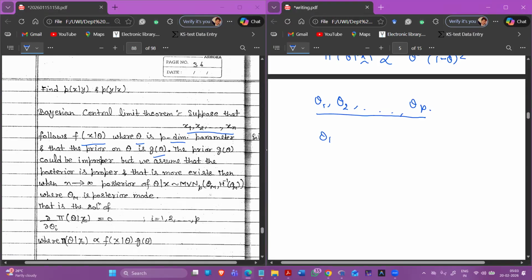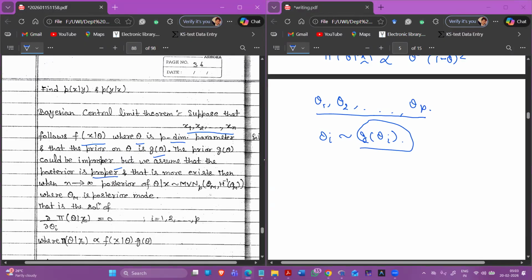Meaning theta follows the prior distribution g(theta). The prior g(theta) could be improper, but we assume that the posterior is proper.